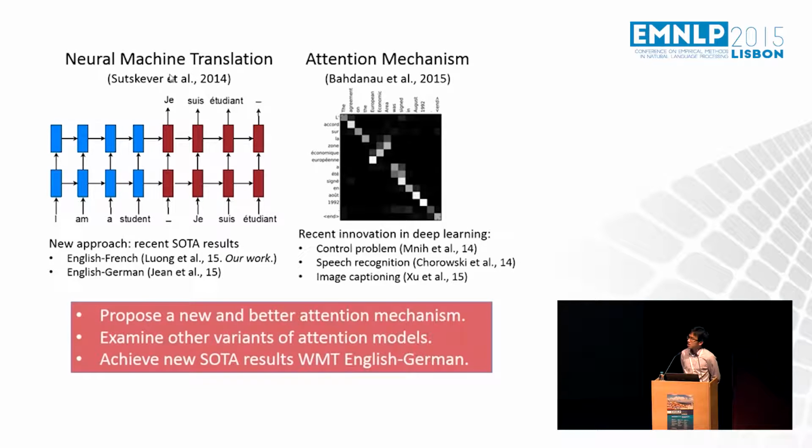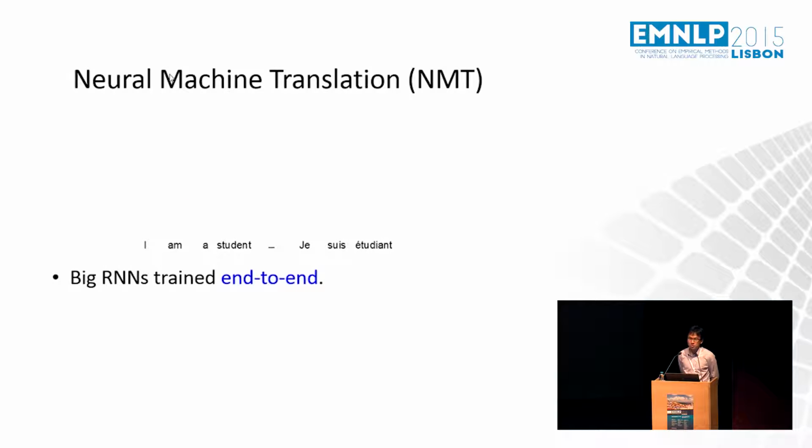In this work, I propose a new and better attention mechanism, and I also examine other variants of the attention models. The nice thing is we have new state-of-the-art results for the WMT English to German task. So let me walk you through a little bit about neural machine translation.